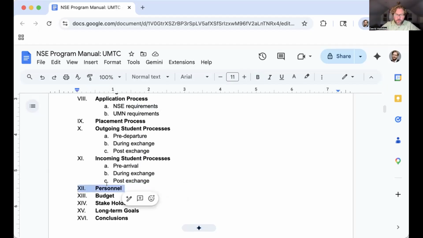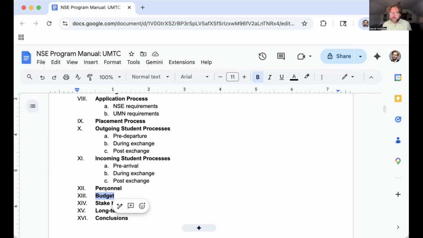Personnel, which basically is me running the NSE program at the University of Minnesota. I do have a couple of student staff as well. And then budgeting. I've been fortunate enough for a long time to have my own budget. It's gotten a little bit messier or more complicated due to an administrative change. We're reporting to a different unit.